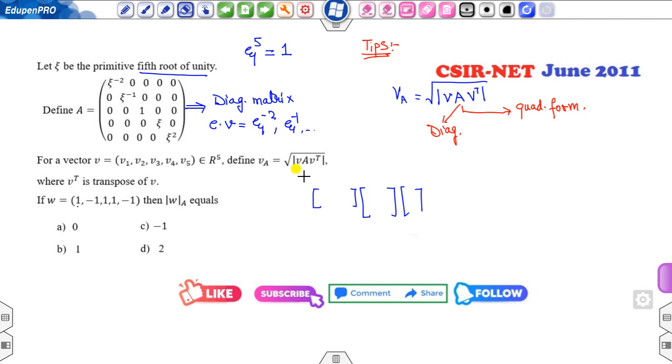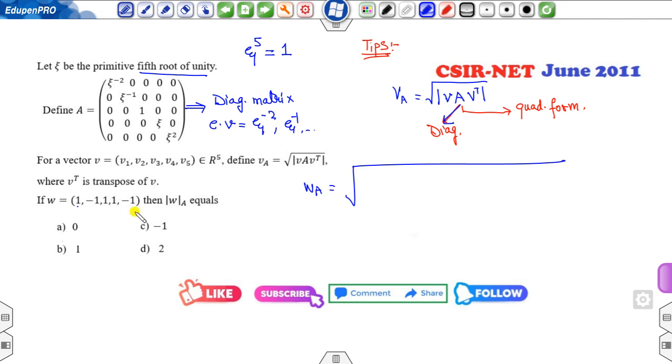There is no need. What is the simplest shortcut? Because it's a diagonal matrix, it's just like a scalar. What you can do is W A square root V into V transpose. That means your target is to find W A W transpose.